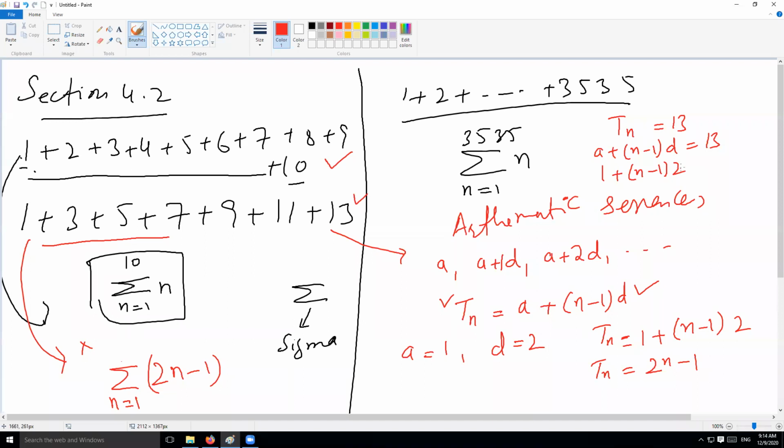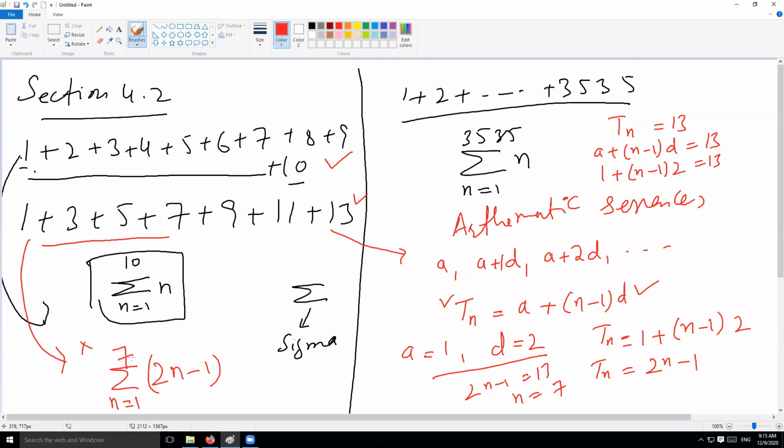If you simplify this expression, you're going to get 2n minus 1 equal to 13. Therefore n must be equal to 7. So the sum is going from n equal to 1 to n equal to 7.